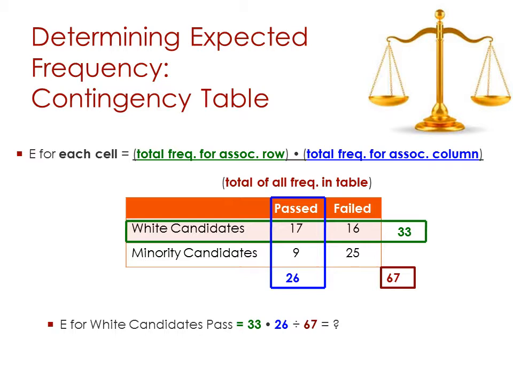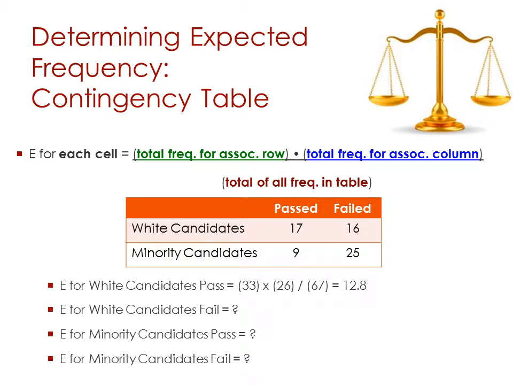So what is that going to give me? That's going to give me 12.8. So that is my expected value for the cell of white candidates who pass.